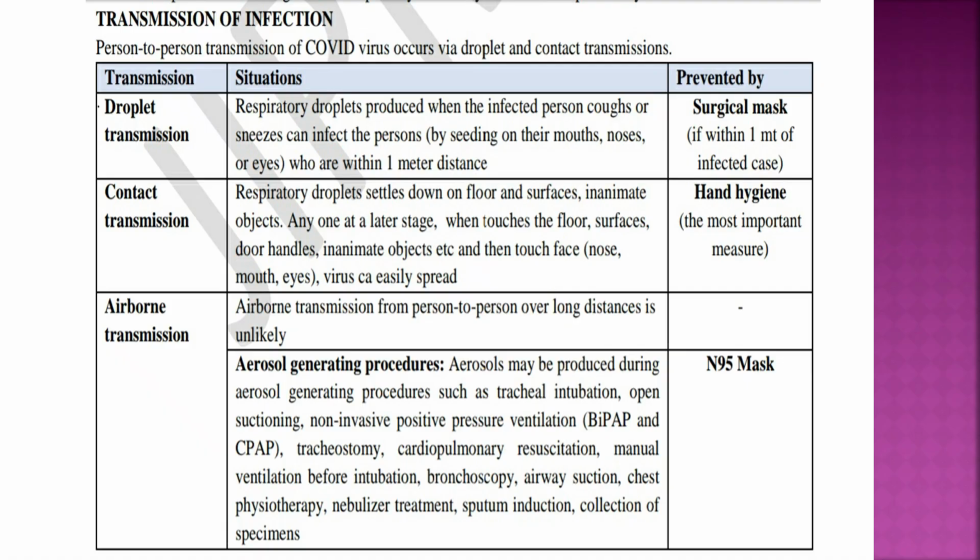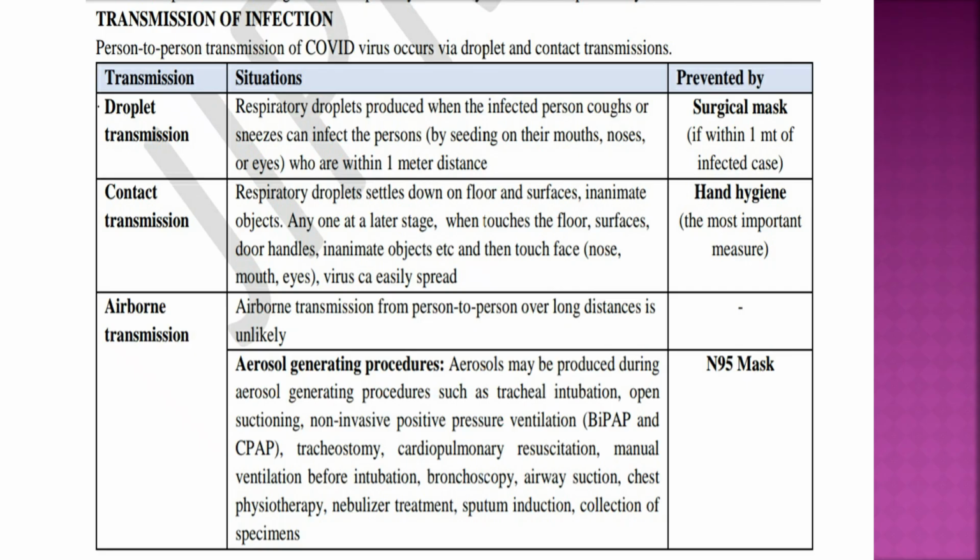Then the third one is the airborne transmission. So airborne transmission from person to person over long distances is unlikely. But aerosol generating procedures, like tracheal intubation, open suctioning, non-invasive positive pressure ventilation, tracheostomy, cardiopulmonary resuscitation, manual ventilation before intubation, bronchoscopy, airway suction, chest physiotherapy, nebulizer treatment, sputum induction, collection of specimens, or in the laboratory when we are doing centrifugation, transferring samples from one place to another.